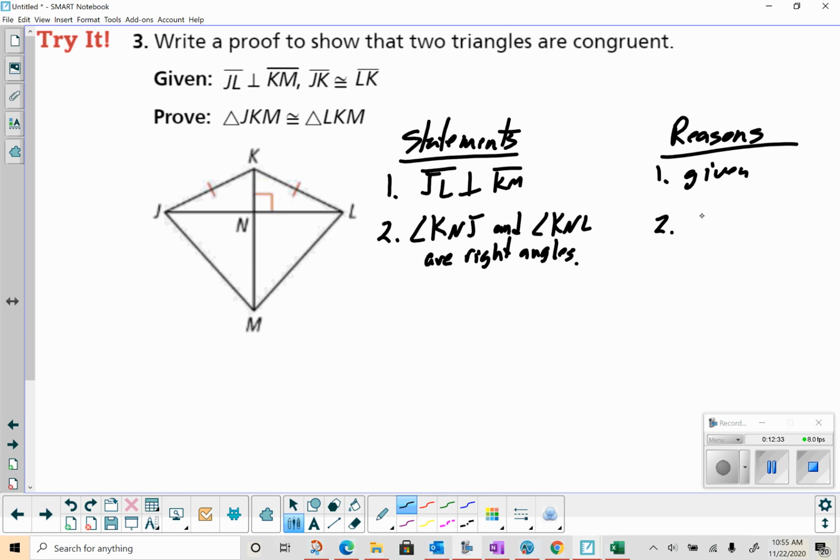The reason for that would be in statement number 1, the definition of perpendicular lines. Definition of perpendicular lines: if two lines are perpendicular, then they form right angles. Okay?